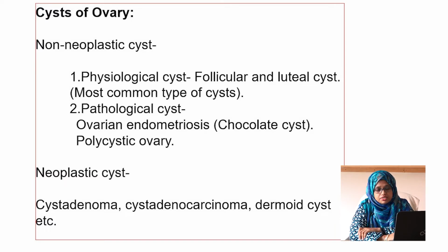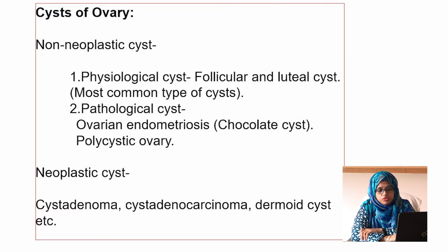And the non-neoplastic cyst include physiological cyst, that may be follicular cyst and luteal cyst. And the pathological cyst include ovarian endometriosis and polycystic ovarian disease. The ovarian endometriosis, also known as chocolate cyst.